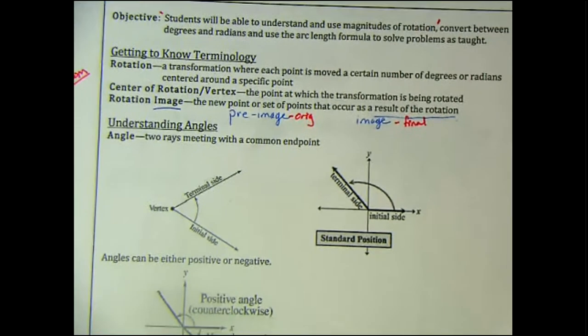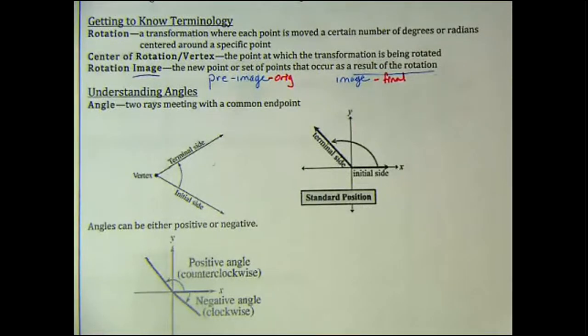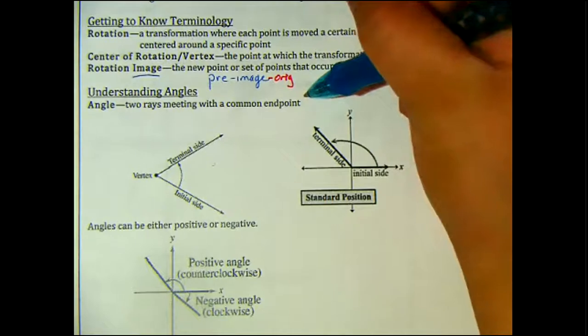So if we take a look here at our angles: an angle is when two rays meet at a common endpoint. That's the most basic definition of an angle.